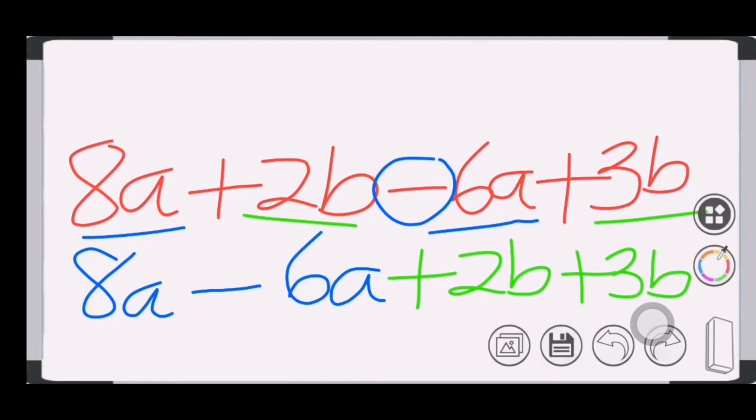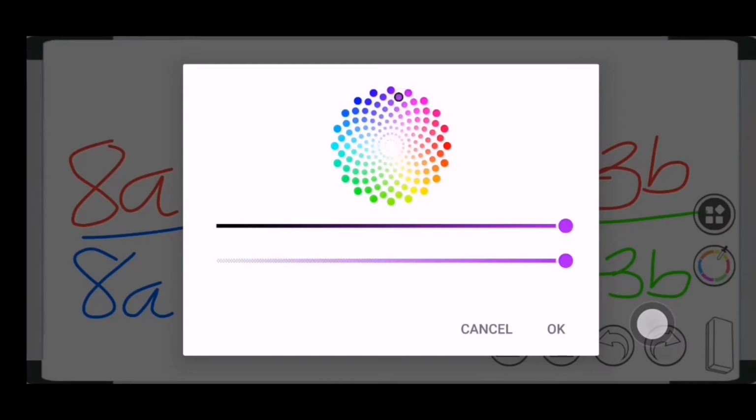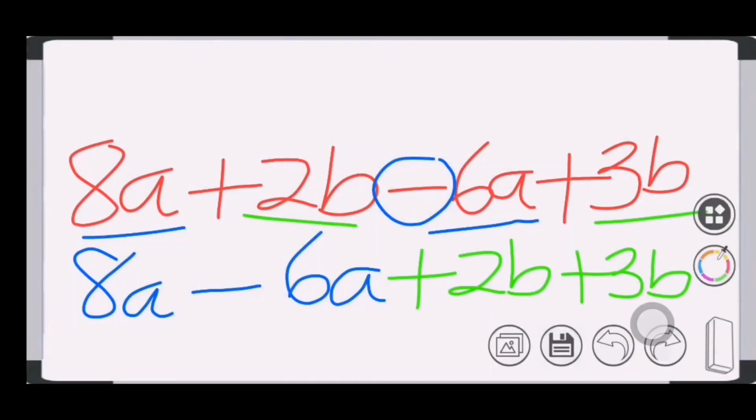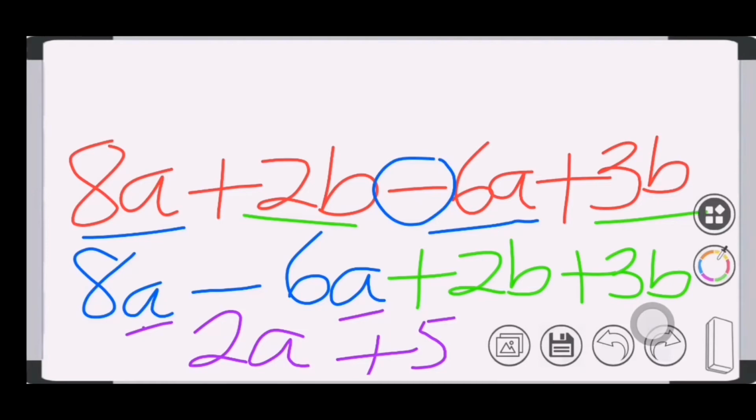Now, what answer are we going to get here? 8 minus 6 is a 2. Then the letters are the same, a. We choose one of them, one of the variables to be our a. We continue, plus, what is 2 plus 3? That is a 5. And we have b as our variable, which is our answer.